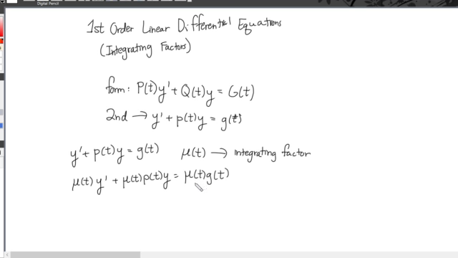So as I said earlier, we wanted this whole left side of the equation to be a product rule differentiation, and we can see now that just like for the previous problem, y prime is the derivative of y. So for this to be a product rule differentiation, mu of t times p of t has to be the derivative of mu of t. So now let's write that down.